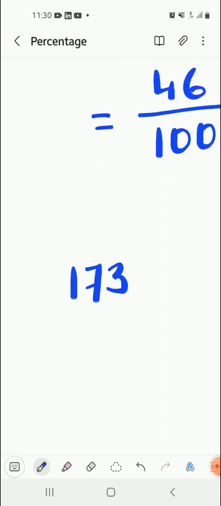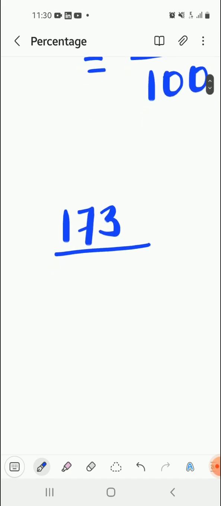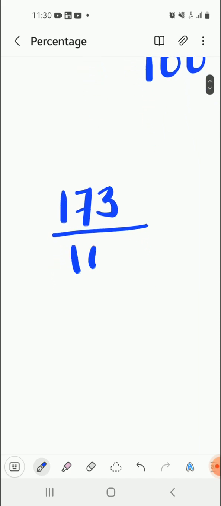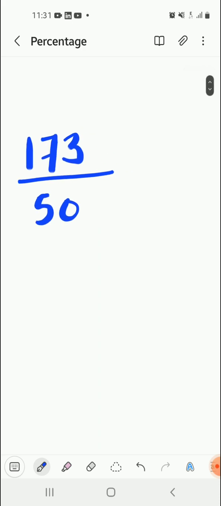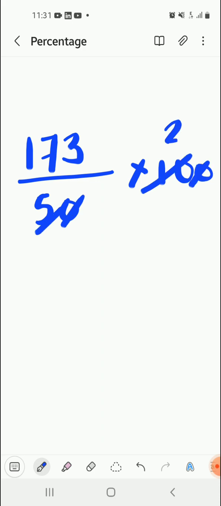Similarly, if I take an example like 173 by 50 into percentage. So this is given in fraction, so what we need to do is multiply with 100. Multiplying it, we get 2.